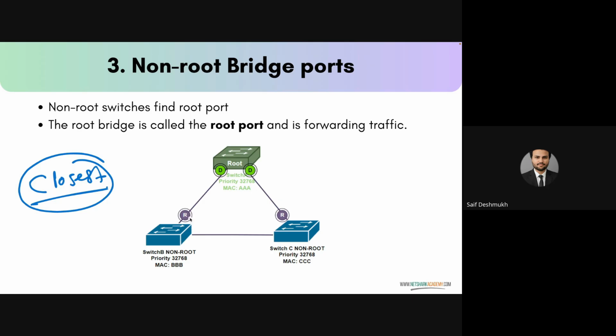And once they find that closest interface, just like we had a designated port, I'm talking about the non-root switches, which are B and C. They have two possibilities, this and this. Once they find out the closest interface, they will select it as a root port. A root port is always in forwarding.